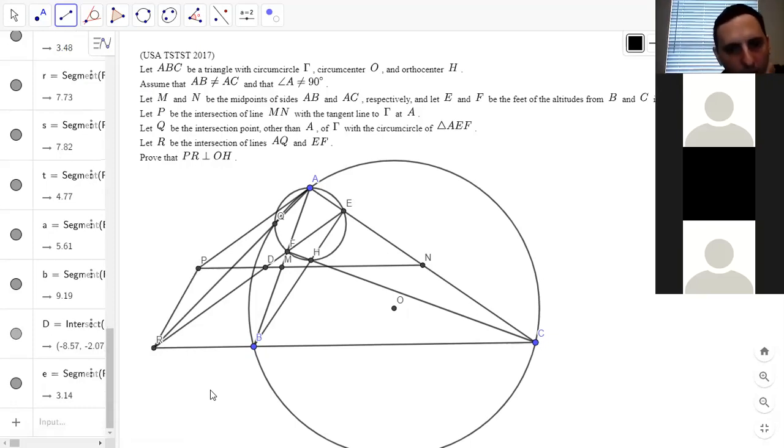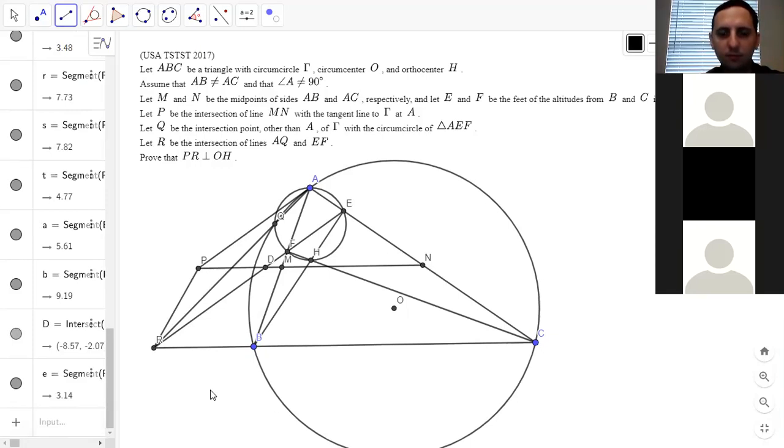I can't remember the solution, but I remember that you can use the radical axis. Okay. So something using the radical axis theorem. Then what can I see from that?